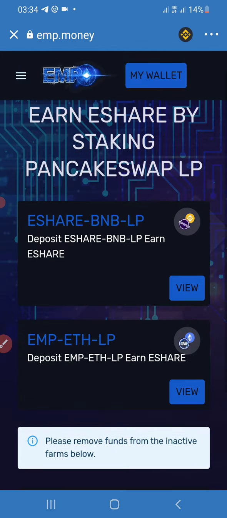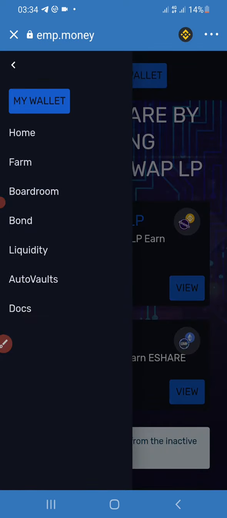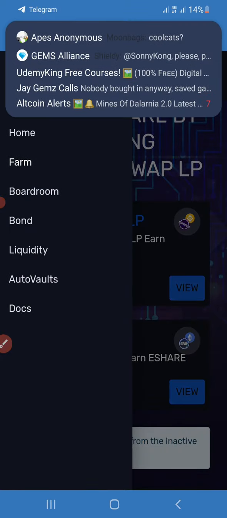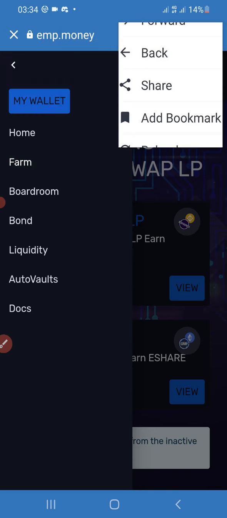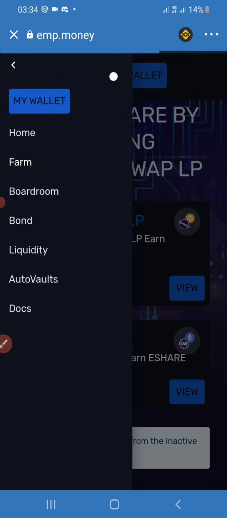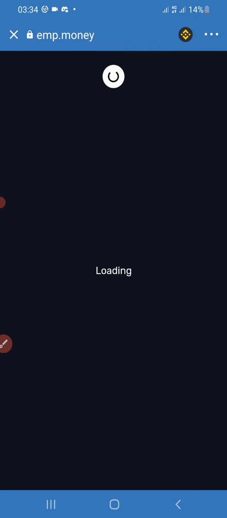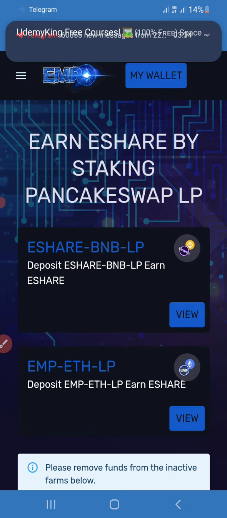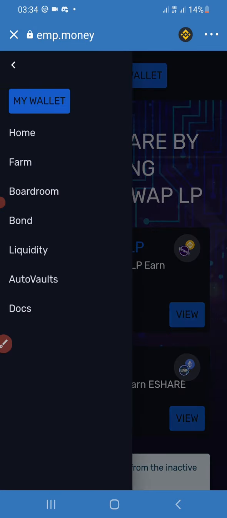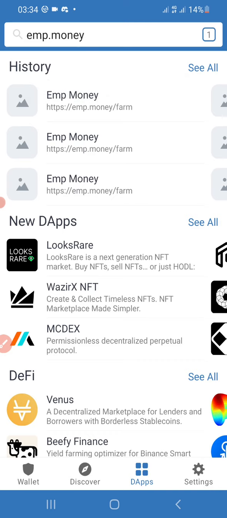There are a lot of people in this particular farm. You want to go to the farm to see that. I need to reload this again so I can continue to explain. Alright, so you need to go to the farm. Okay, let me enter again.